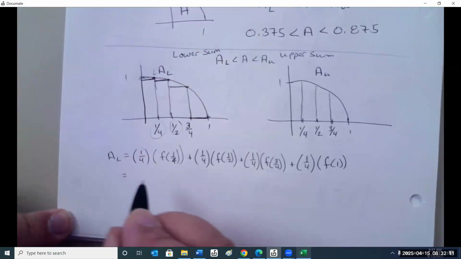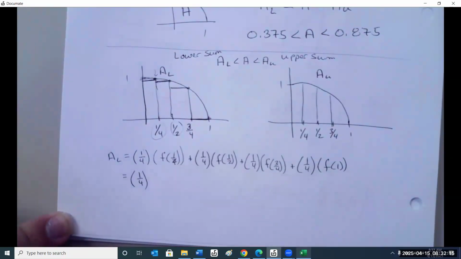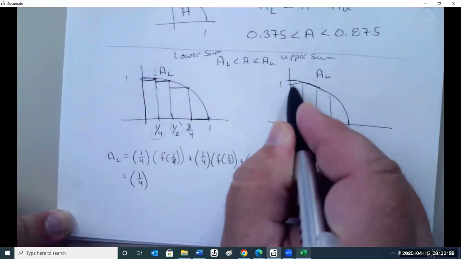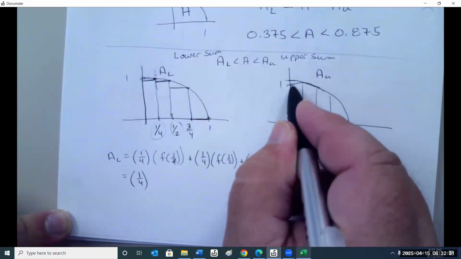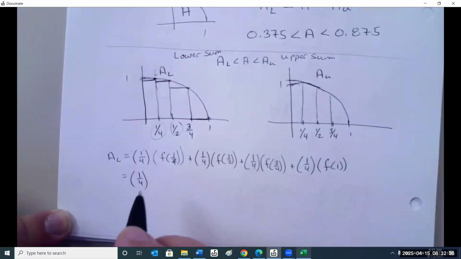So now we have to find these calculations. What is f of 1/4? What is our function f?